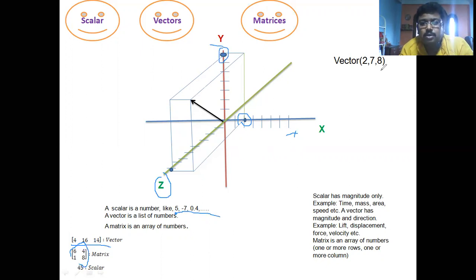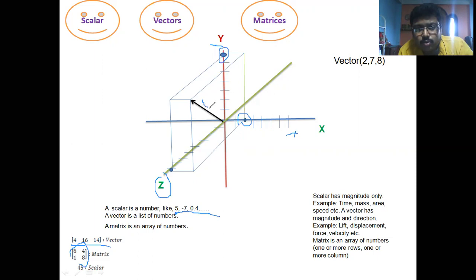And now along the z-axis we have 8. So 1, 2, 3, 4, 5, 6, 7, 8. So what is the vector? The vector is this arrow.